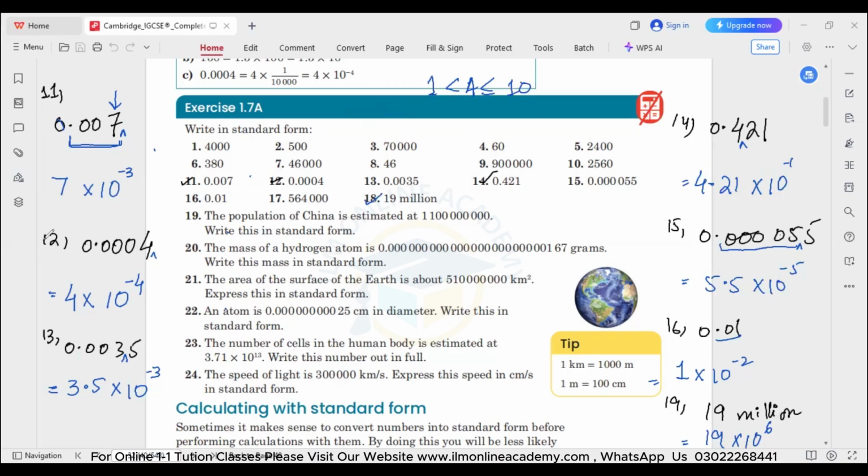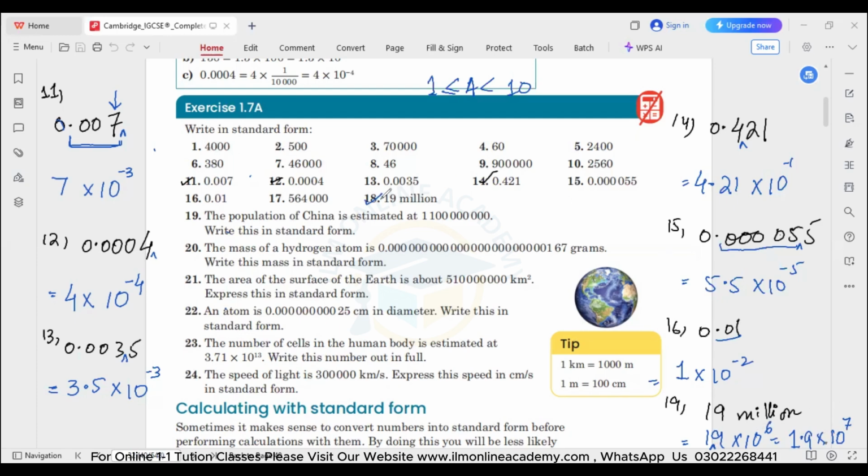But 10 is not included here; 10 is not included, but 1 will be included. So as we don't want 19 over here, you can apply the decimal point here. Instead of 19, it will be 1.9, and instead of 10 to the power 6, it will be 10 to the power 7, because 10 to the power 6 times 10 is 10 raised to the power 7.